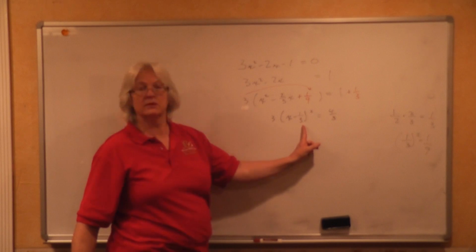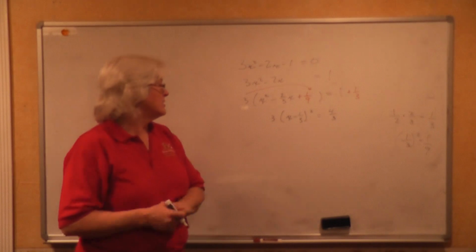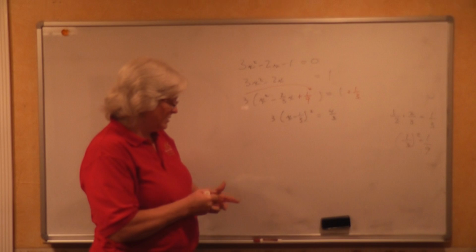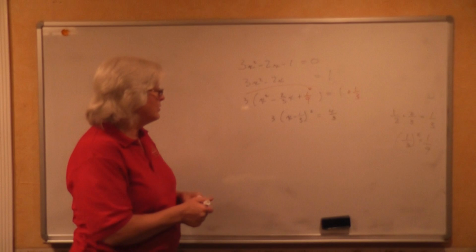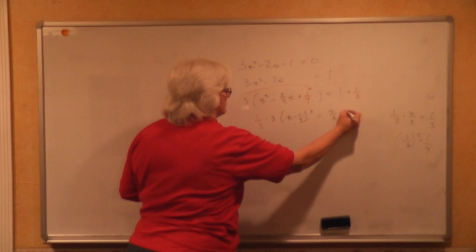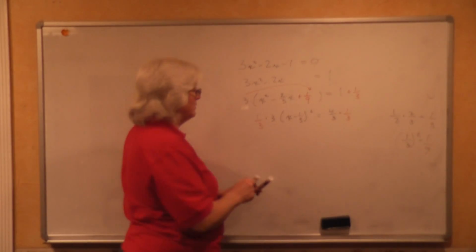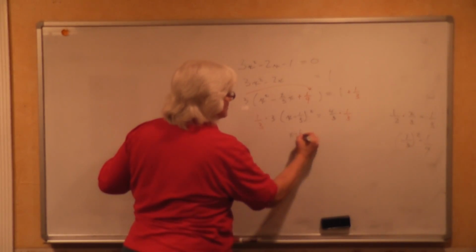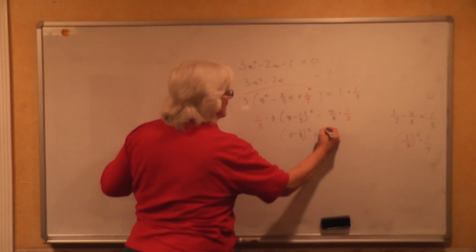And twice negative 1/3 is a negative 2/3 for our center term. Now, we have to divide both sides of the equation by 3. Since we're dealing with a rational number here, we can multiply both sides of the equation by 1/3 instead. And when you carry out that calculation, what you end up with is x minus 1/3 quantity squared is equal to 4/9.